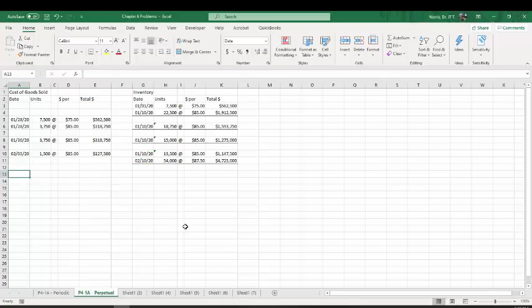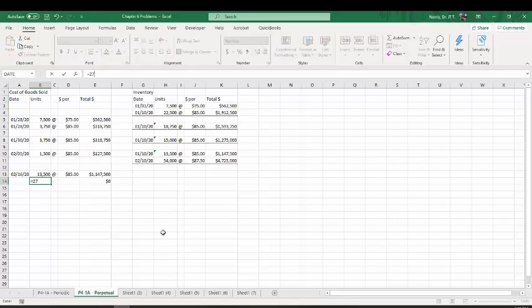Then on February the 16th, we sell 27,000 units. And so where did this batch of units come from? Well, 13,500 of it is from the $85. We sold a total of 27,000.